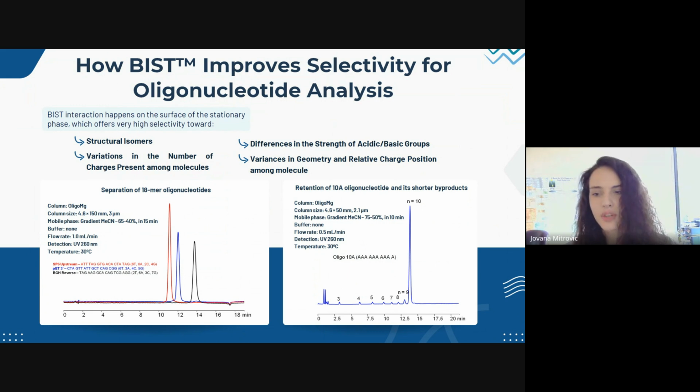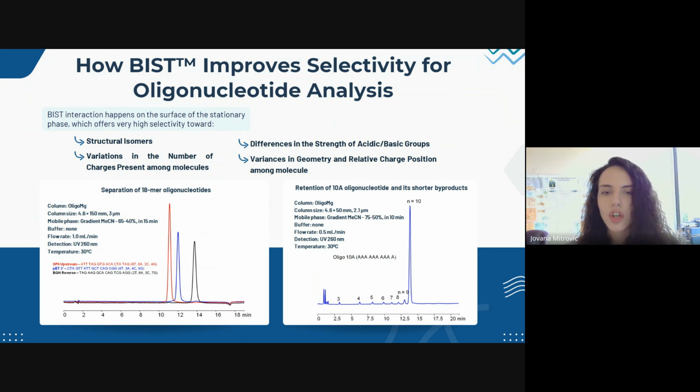We can also distinguish structural isomerism. Oligos of the same length but different base arrangement, known as sequence isomers, can exhibit different retention due to spatial and electrostatic differences, which are captured by the BIST mechanism. So what does this mean practically?